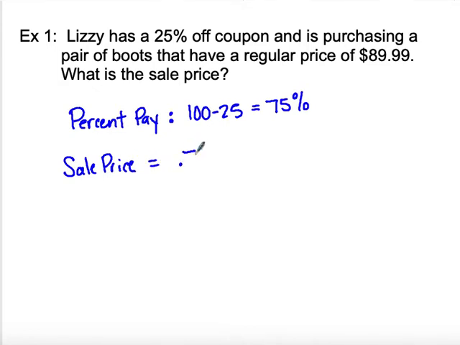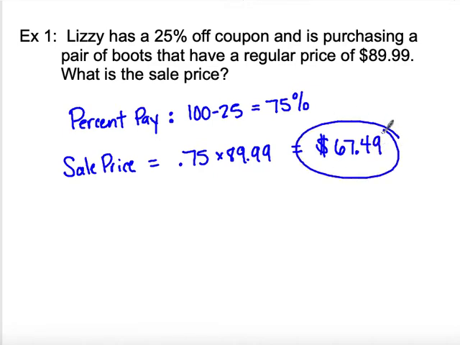We'll take 75% times the price of the boots of $89.99, and a quick calculation shows that the boots will cost $67.49. Now our other method was to take the 25% of the $89.99 and then subtract that amount from the $89.99. This is just a little bit quicker and a little bit cleaner method.